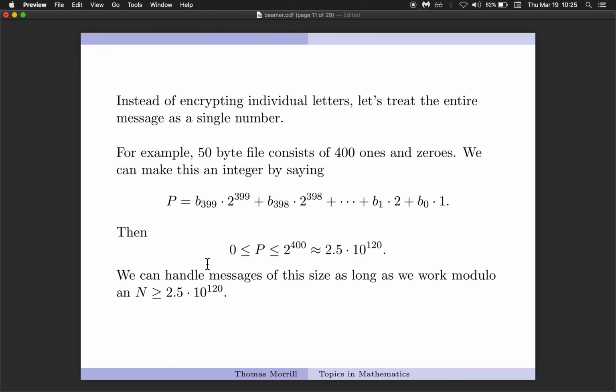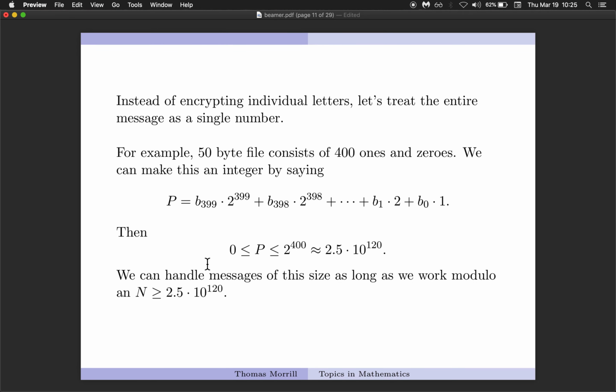And the cool thing about it is that even though this number is very large by day-to-day standards, the integers modulo n still behave according to all of the rules that we have discussed this term, and we can use all of the techniques that we've discussed so far in this modular arithmetic system.